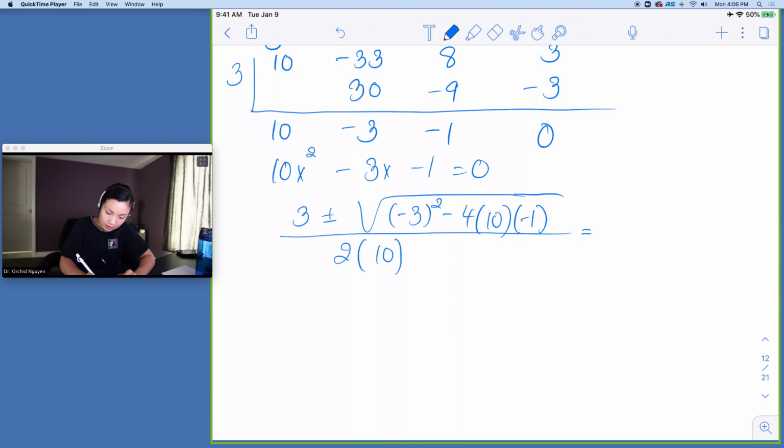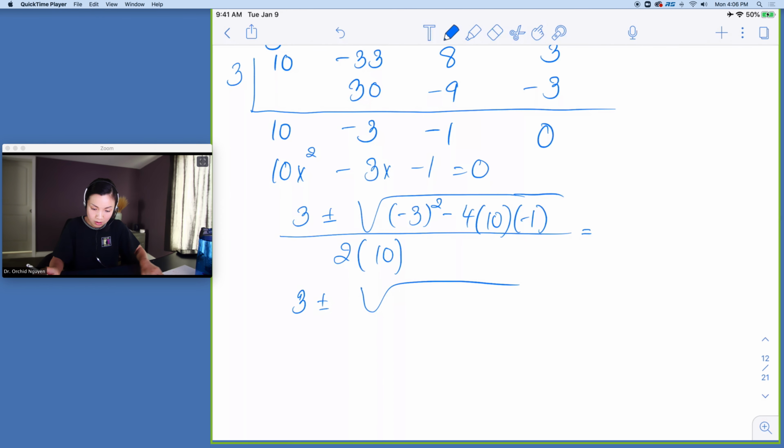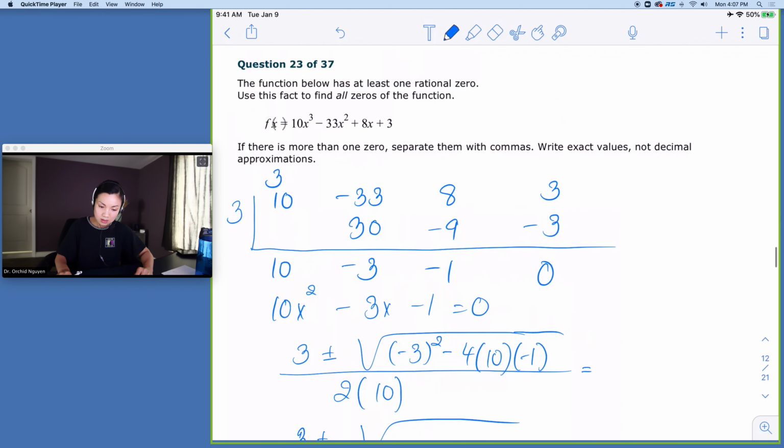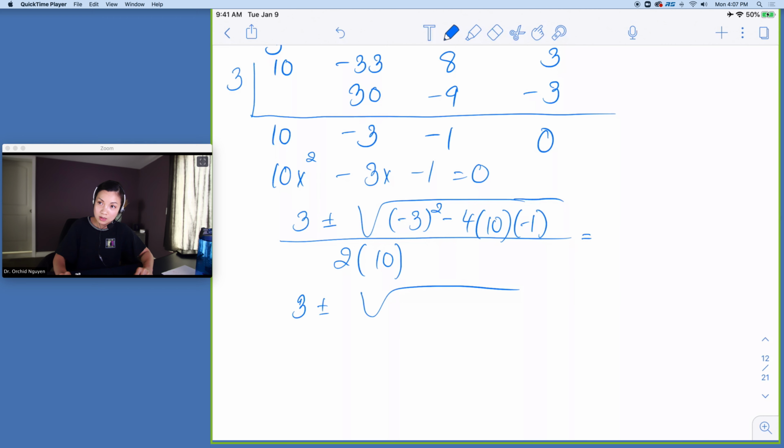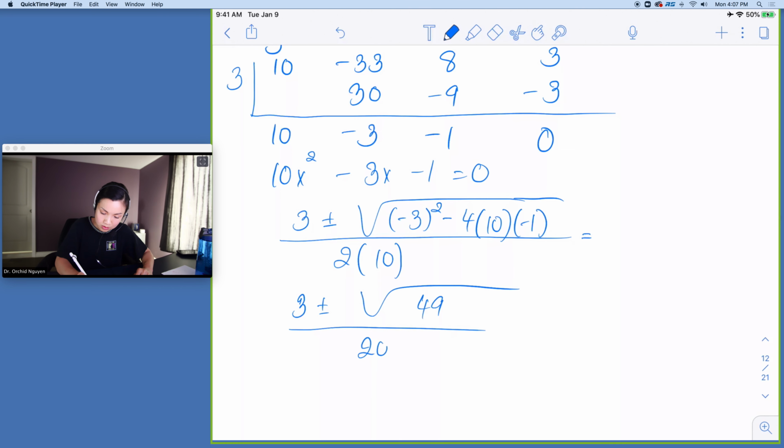So what I have is 3 plus and minus square root of 49 over 20.